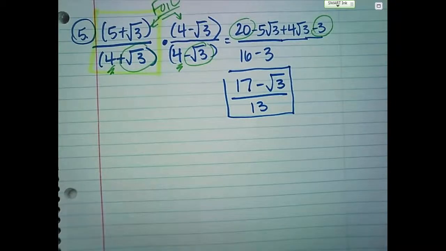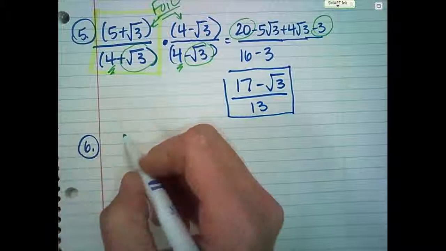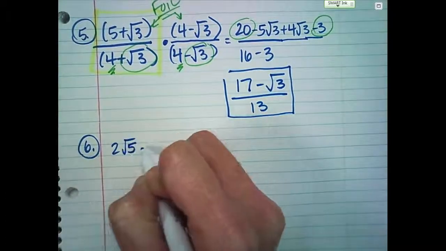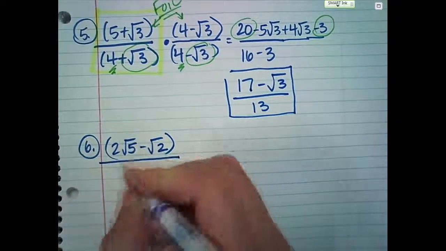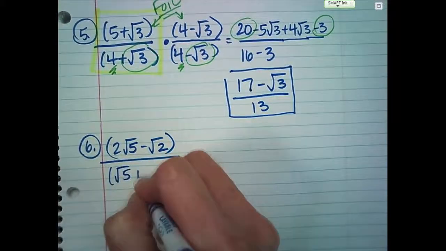Number 6. 2 root 5 minus root 2 divided by root 5 plus root 2.